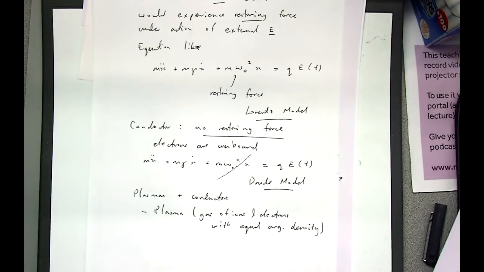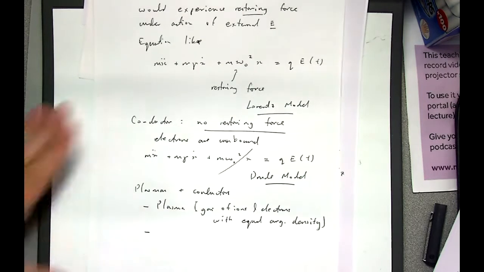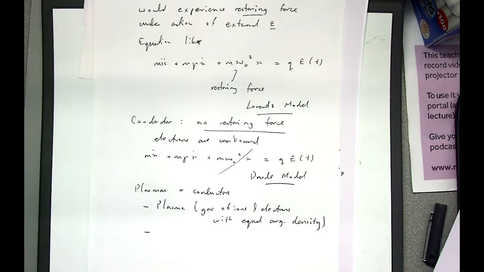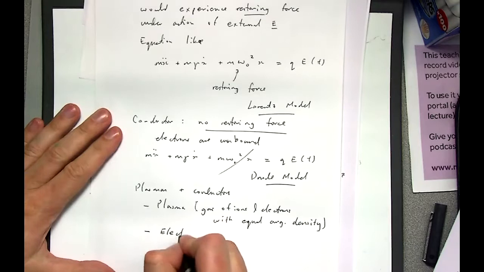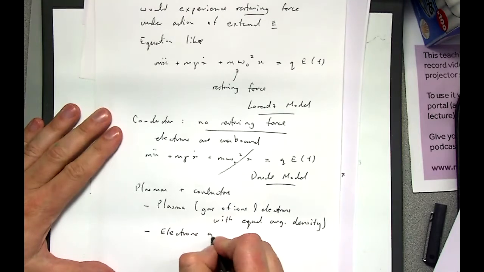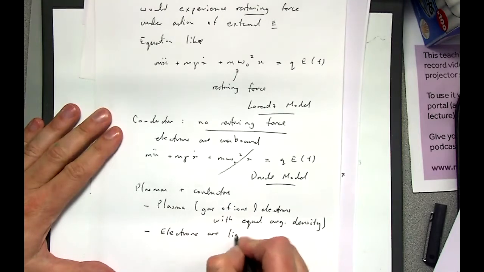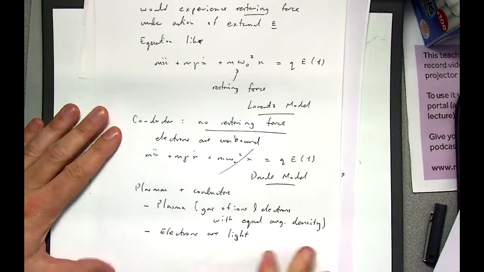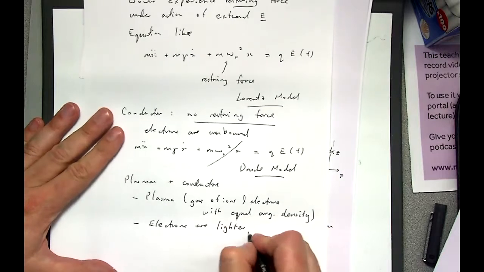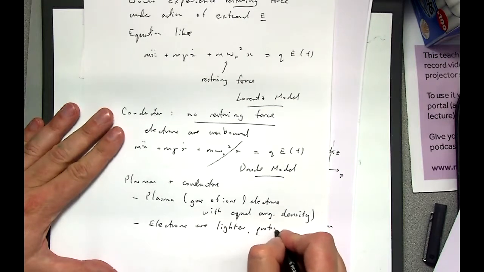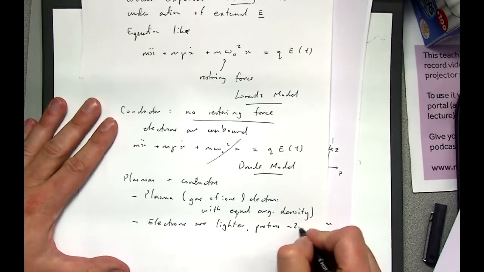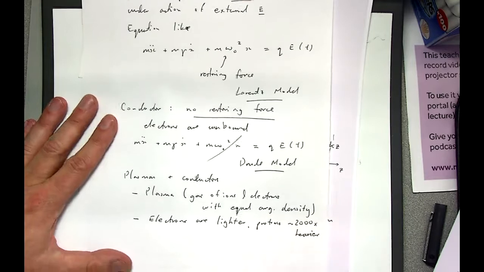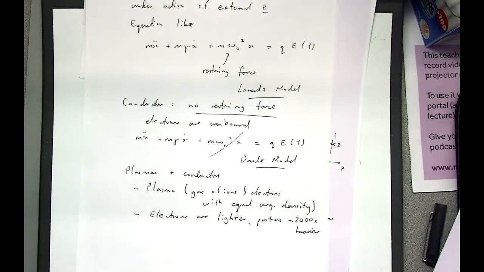These are neutral plasmas. And under the action of an external electric field, because the electrons in a plasma are lighter by a factor of at least 2,000, say it was hydrogen plasma, the protons left behind after the ionization are already about 2,000 times heavier. Any other plasma of any other gas is going to be even heavier than that.